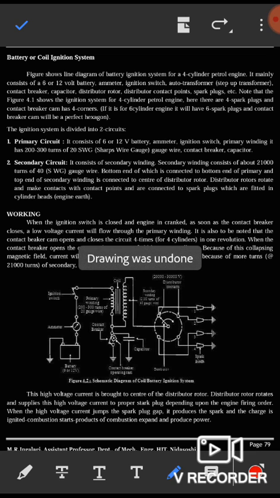In the 4-stroke petrol engine, there are four plugs. Here you may observe these four plugs, and the contact breaker cam has 4 corners. Here you may observe the contact breaker operating cam.